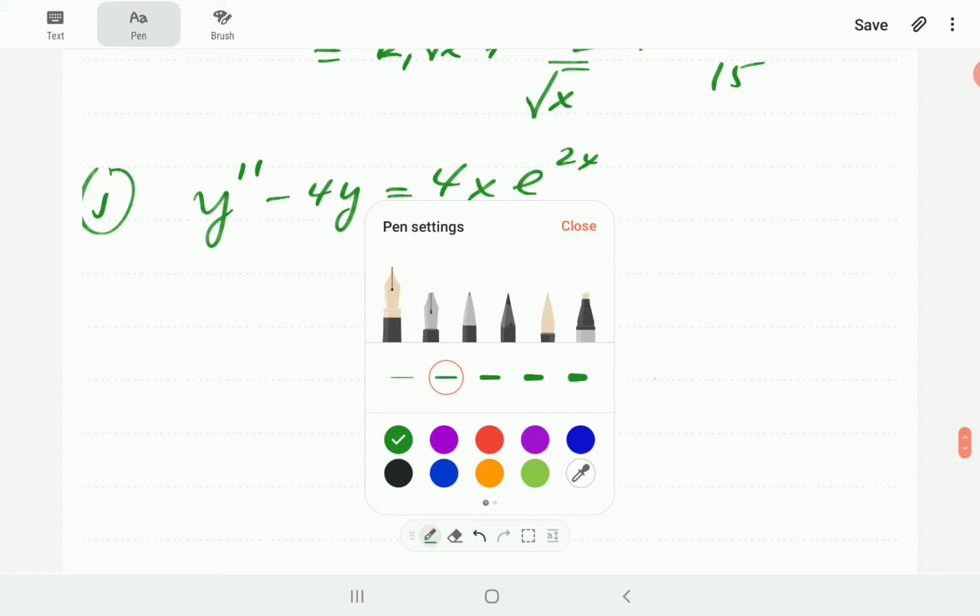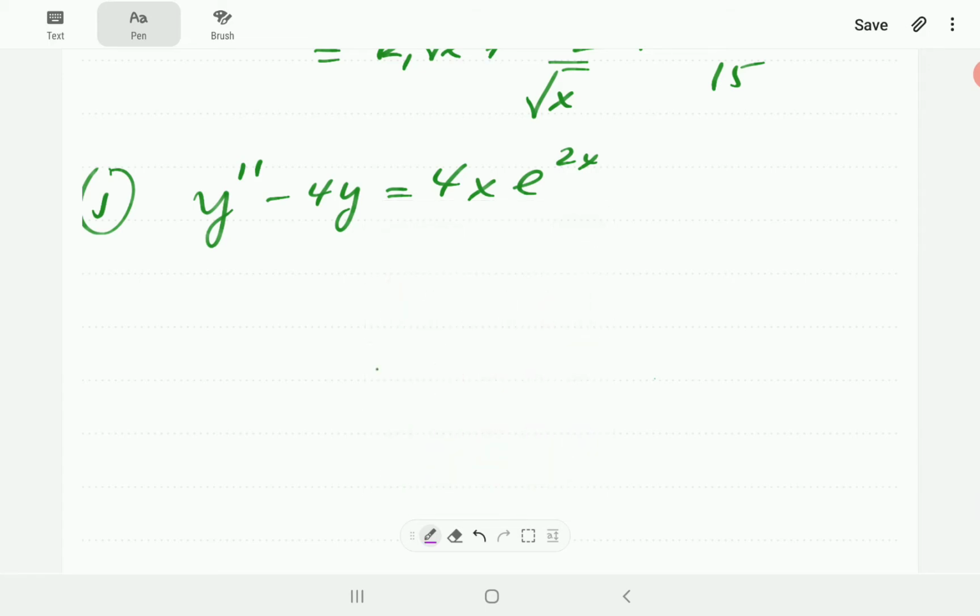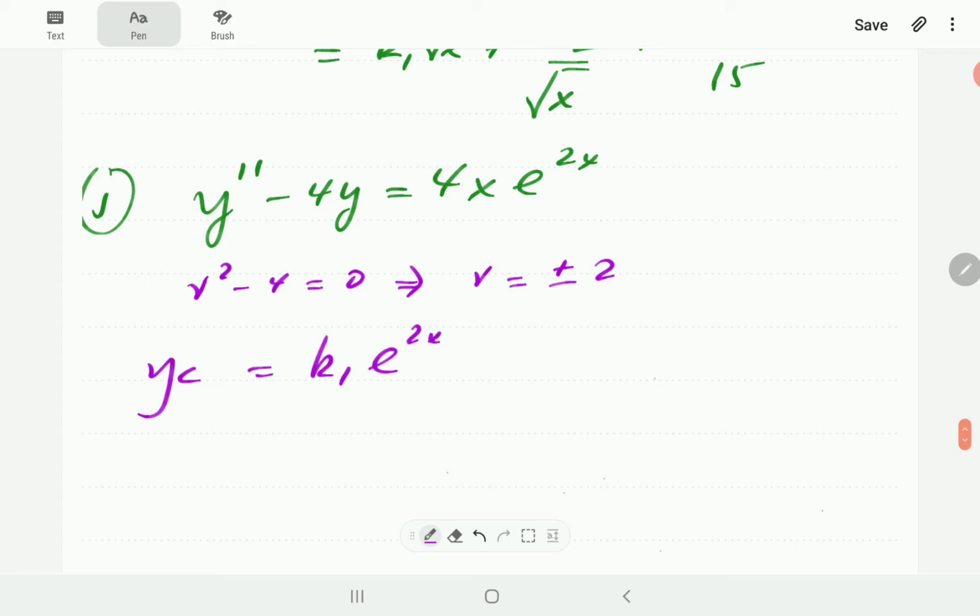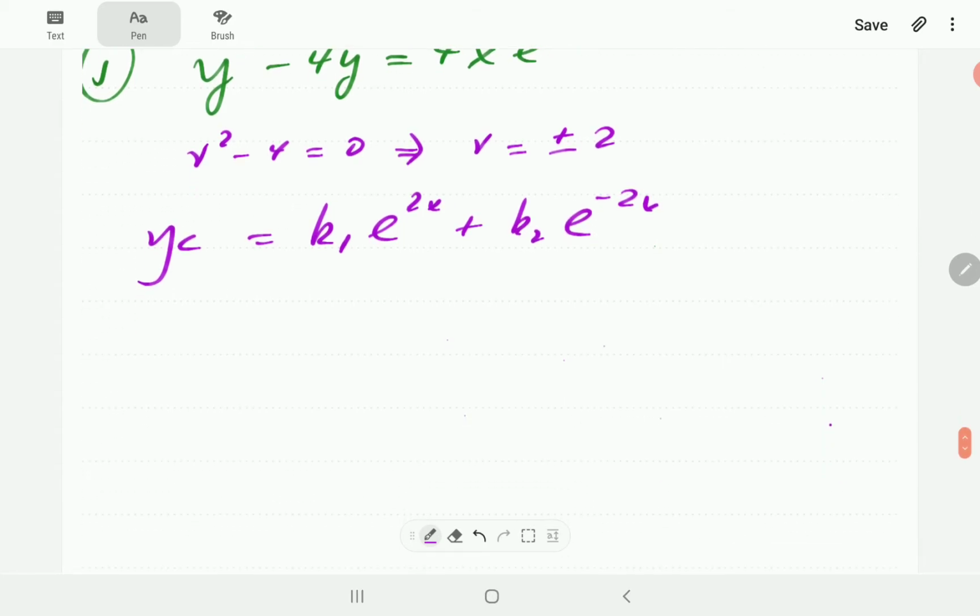Or maybe just quickly, the auxiliary equation of the complementary associated ODE is going to be this one, which gives us plus or minus 2. So that means yc is going to be k1 e to the 2x plus k2 e to the minus 2x.